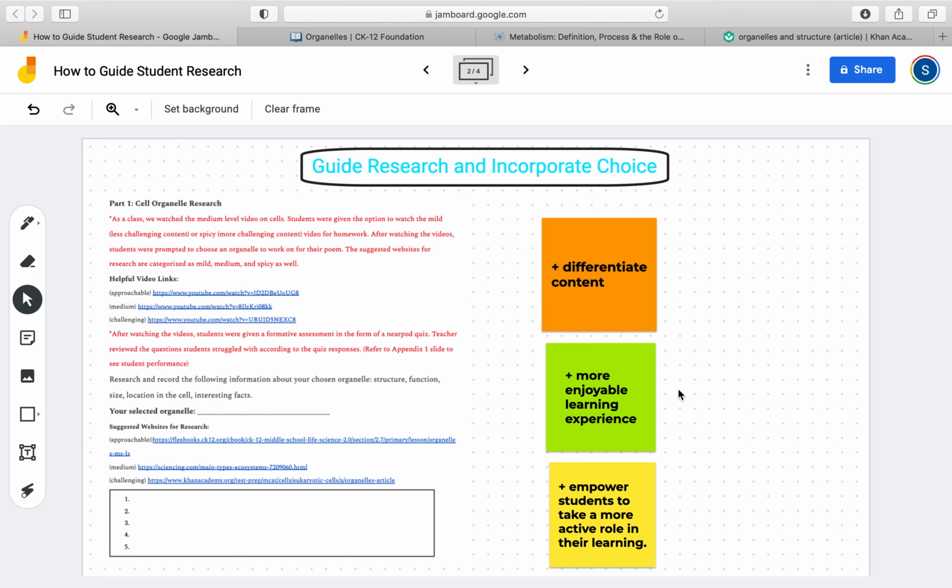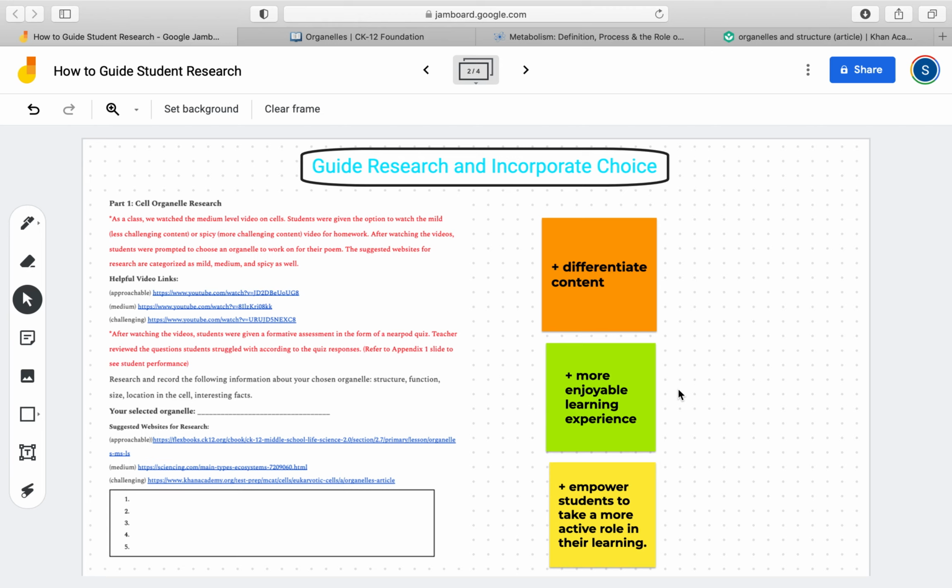Second, you are making this a more enjoyable learning experience. Besides everyone just watching one video or reading one article together, you are allowing students to make their own decision. They can maybe work with a partner, someone sitting in their table, or even if they're working on a remote activity, they can work with a partner, and they can choose one resource together.